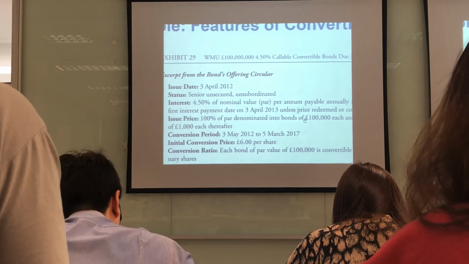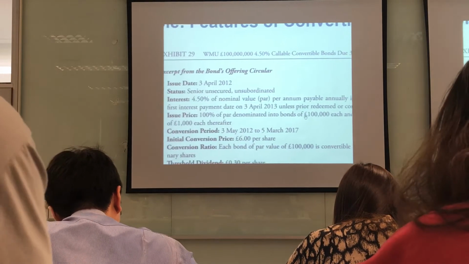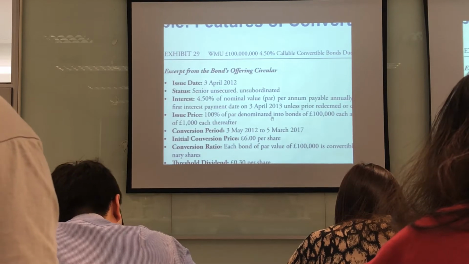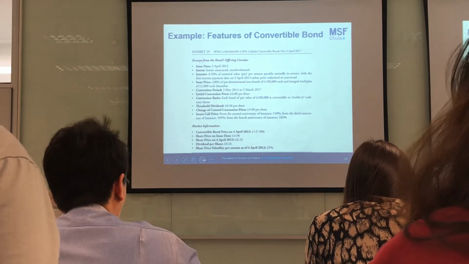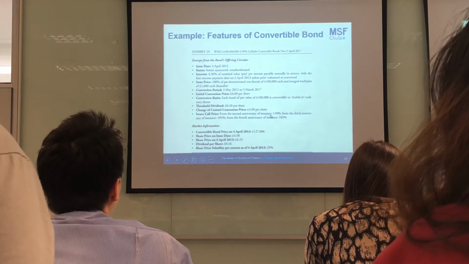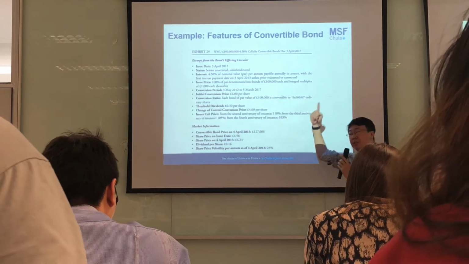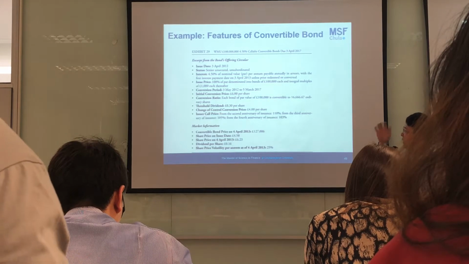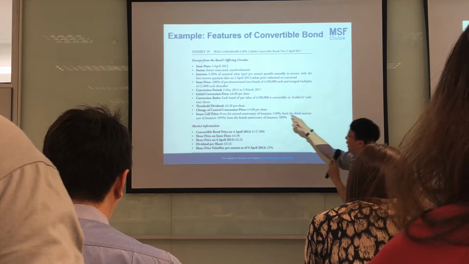The first payment will be next year, the 3rd of April 2013. Conversion period: you can see that since the bond is issued in 2012, the bondholder is allowed to convert into the stock 1 year later, right?